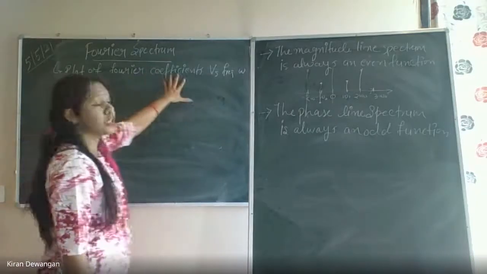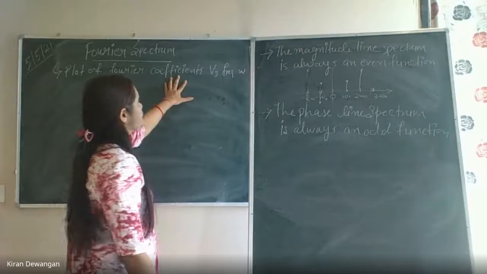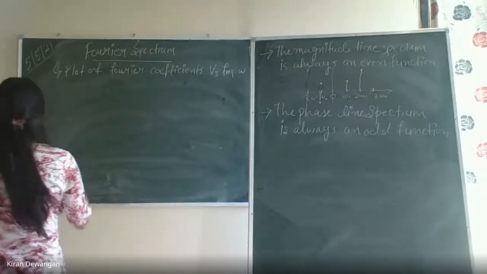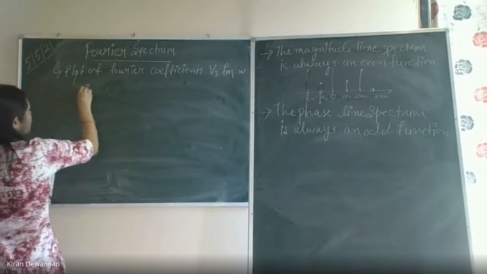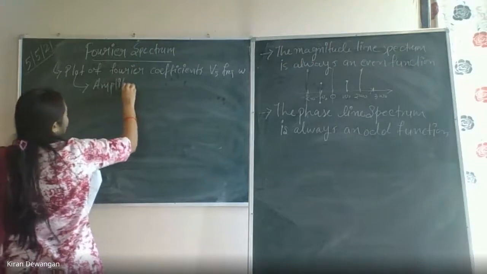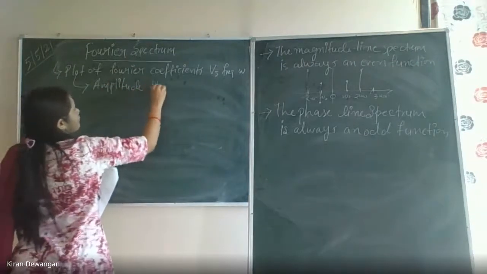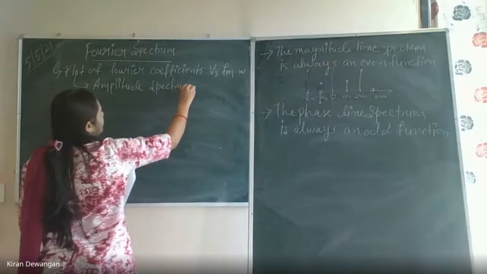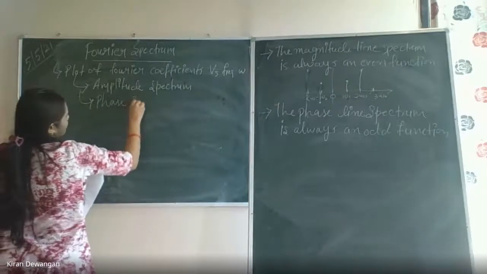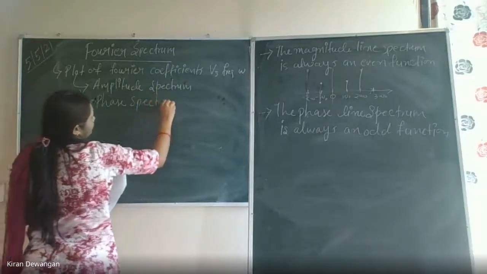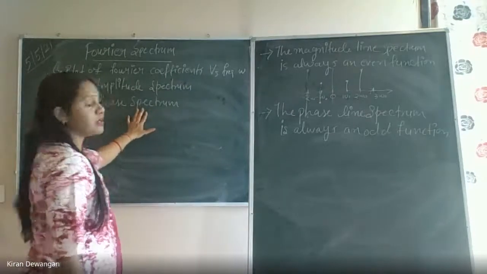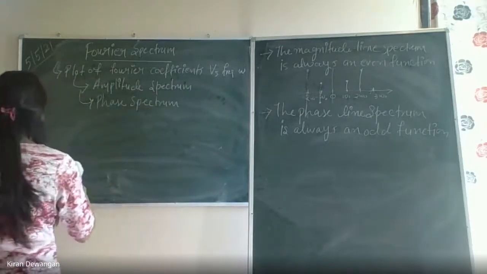It is a plot of Fourier coefficients versus frequency omega. Okay? Now it consists of two parts. What are the two parts? One is an amplitude spectrum, and another one is a phase spectrum. So these are the two spectrums.